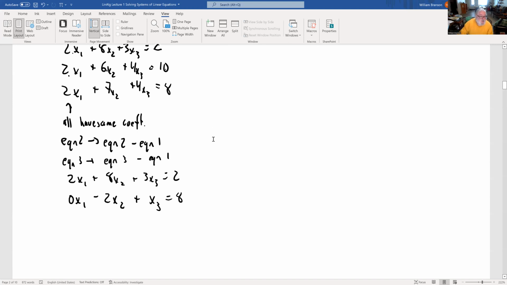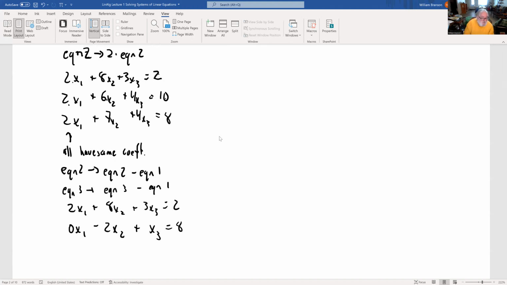Okay, now equation 3 will become equation 3 minus equation 1, so 2x1 minus 2x1, this is 0x1. 7x2 minus 8x2, that's a minus 1x2. 4x3 minus 3x3 is 1x3.